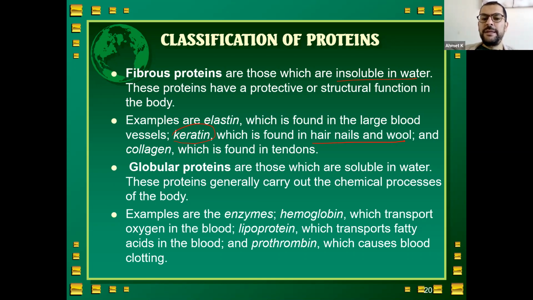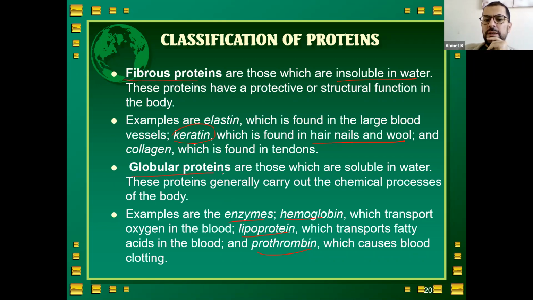Obviously in our body there are also other proteins, because our body consists of 95% water, and some of these proteins have to be soluble in water, otherwise they cannot function. Pretty much all the enzymes, hemoglobin, and lipoproteins are in our blood, and they are soluble in water. Again, fibrous proteins are insoluble.